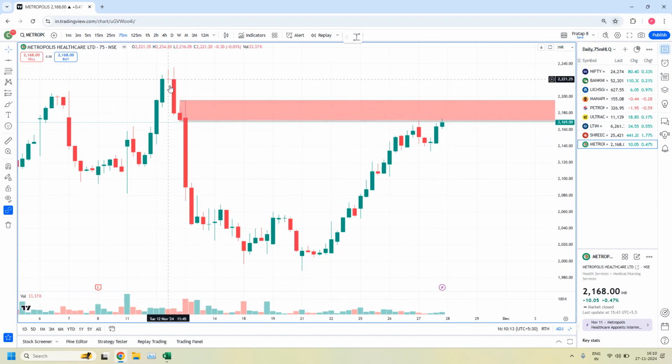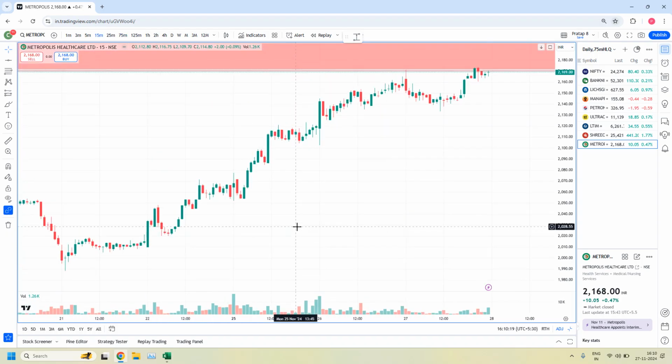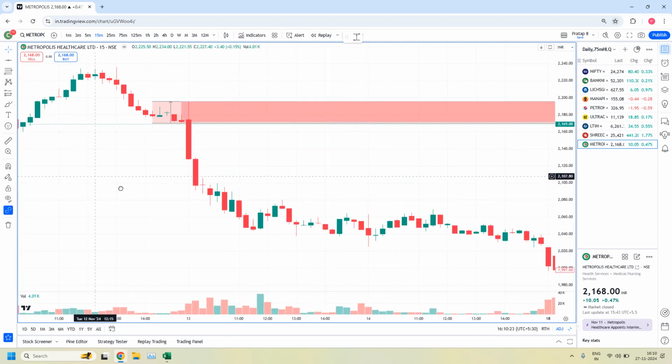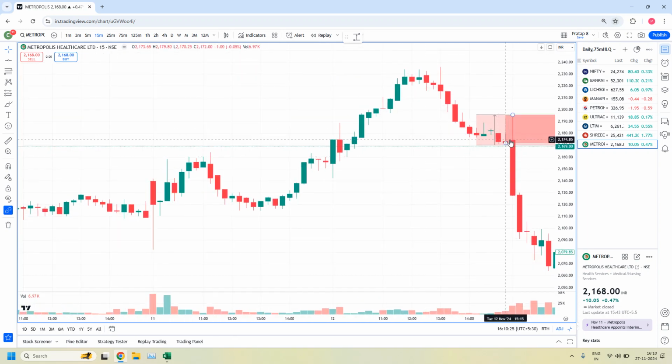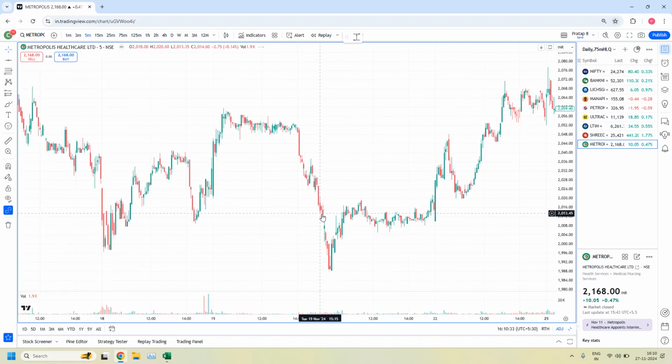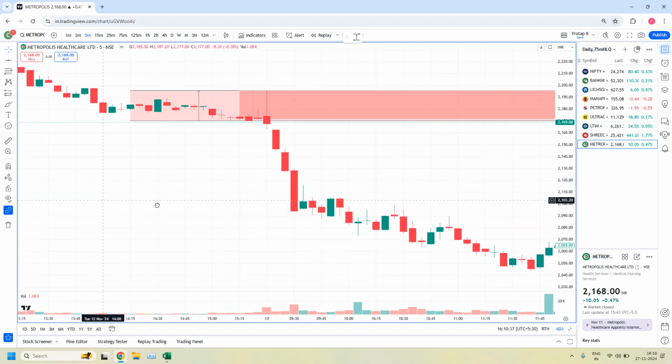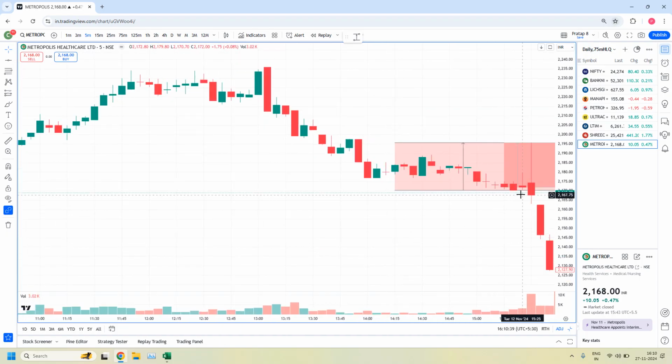This structure is not really convincing to plan our trades, mainly from a risk management point of view. See here, it looks like a drop base drop, and it's a very big risk. 15 minutes and 5 minutes are also similar. That's why I didn't fine tune with the 5-minute zone, because I'm not having any interest to plan the trade.